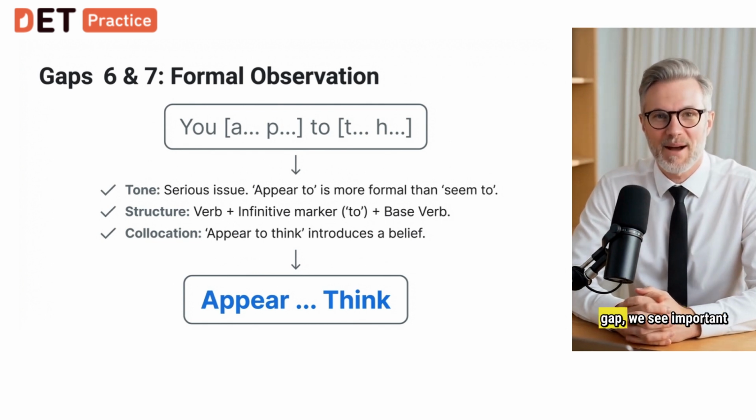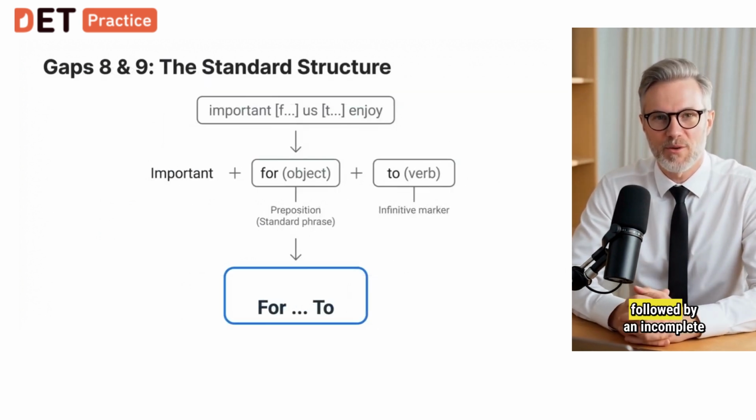Moving to the eighth gap, we see important followed by an incomplete three-letter word starting with F, then us. The answer is for. In the structure important something us, we need a preposition. The collocation important for is the standard phrase in English. The structure goes, it's important for someone to do something. You might wonder about from, but important from us doesn't make grammatical sense in English.